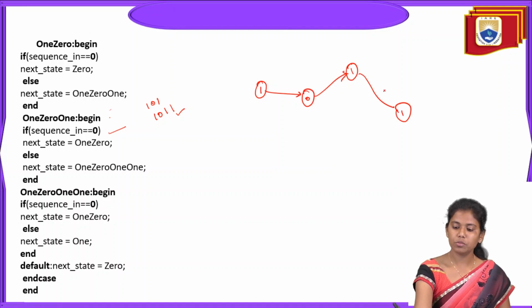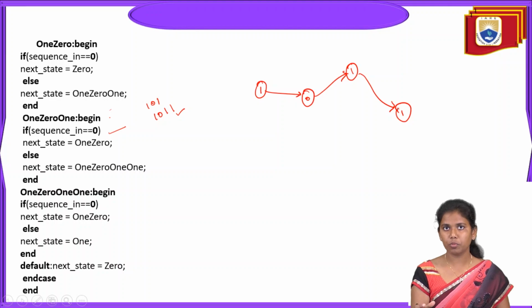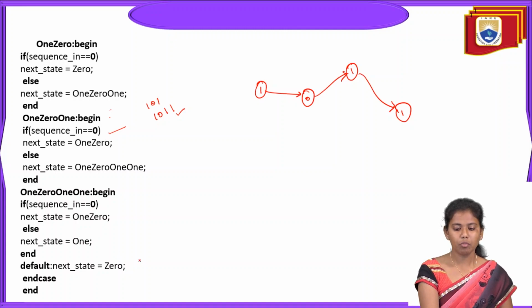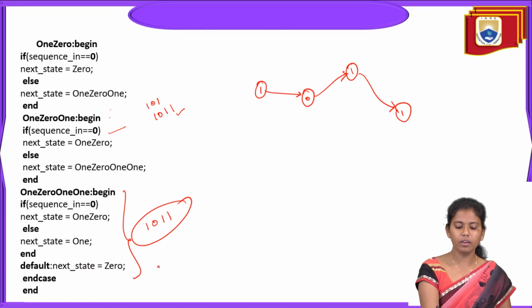Likewise we are going to detect the sequence by using the case statement or conditional statements, if else if, right? Then finally the next state is 0 1 1 0 1 0 1 1. So this is what we are going to achieve with the final state.